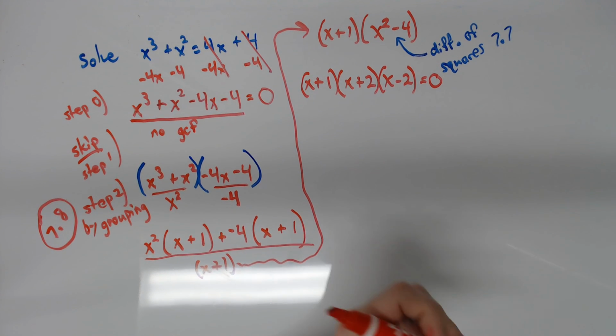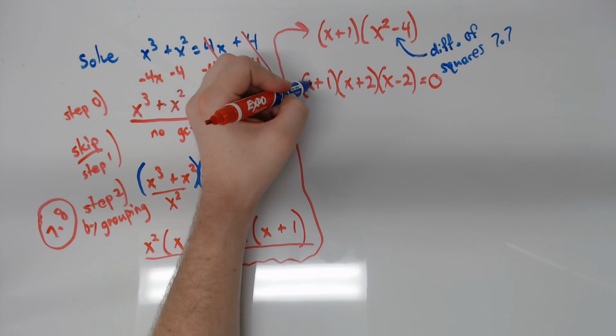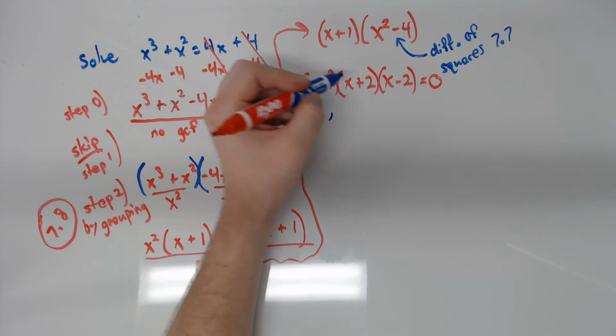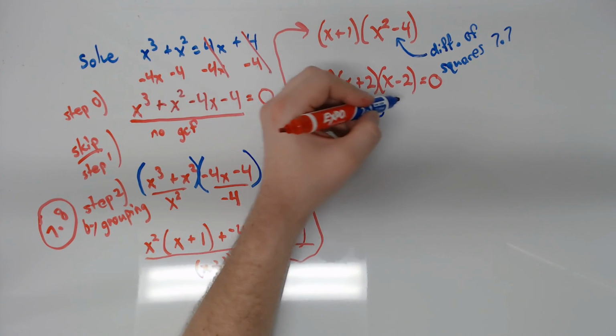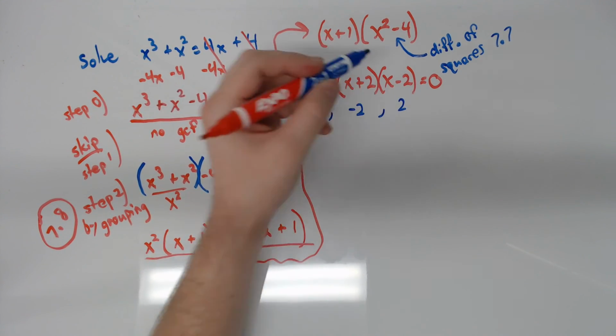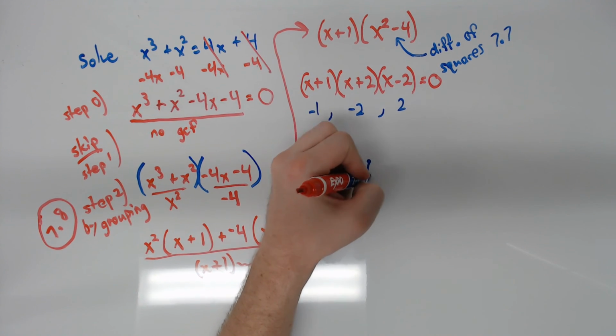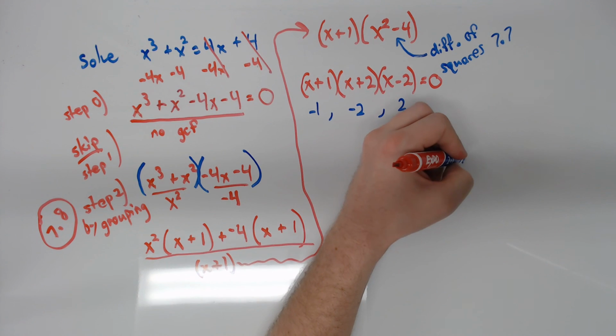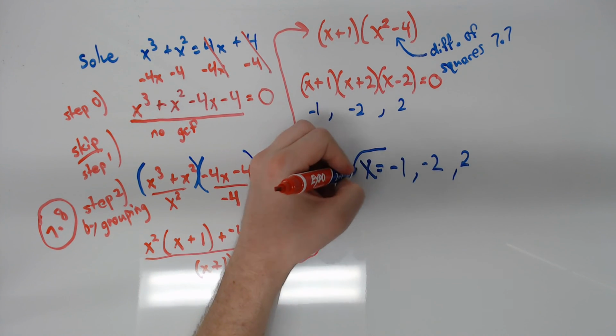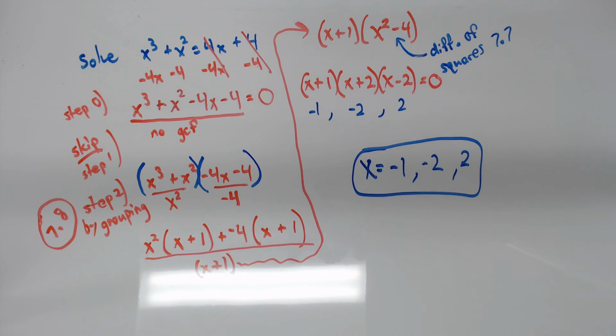So let's mental math this one. This would need to be a -1. This would need to be a -2. And this would need to be a +2. Remember, we're trying to get each of these to equal 0. So x is -1, -2, and +2. So another problem with 3 solutions.